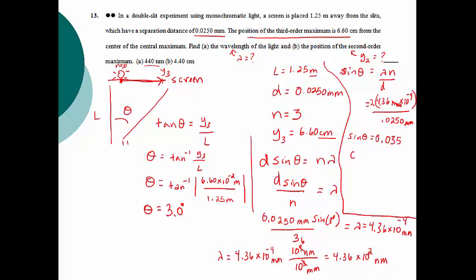Going to take the inverse sine of that. So inverse sine of 0.035, and that gives me an angle of 2 degrees.